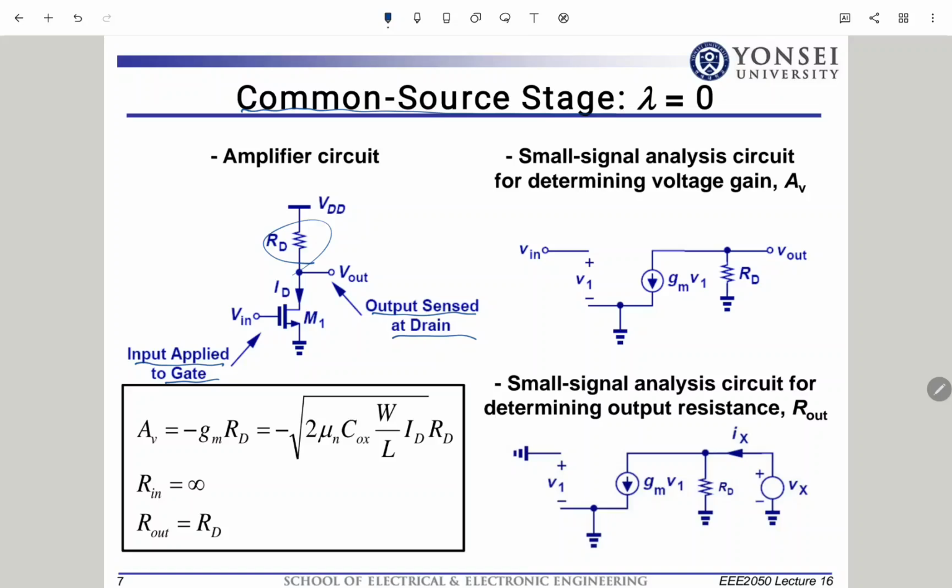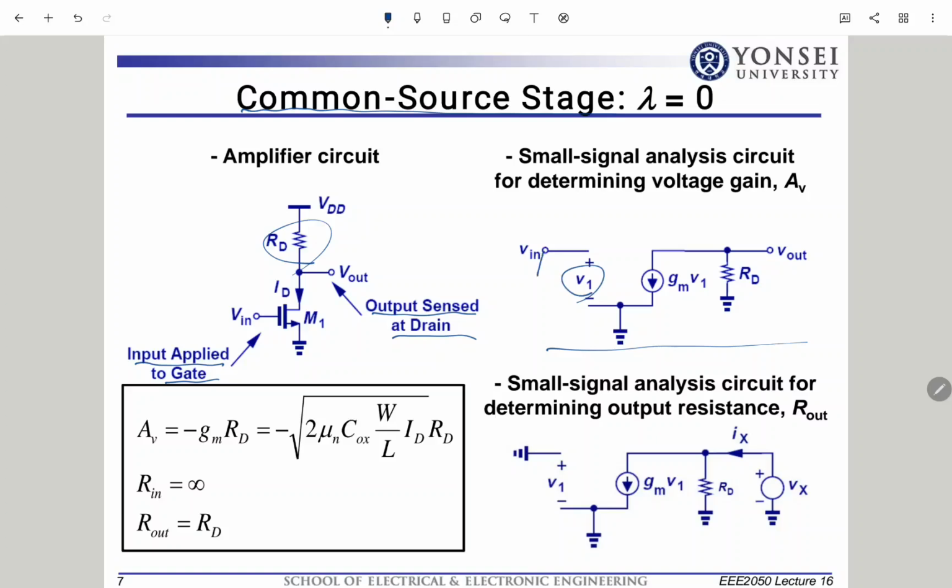When it comes to the small signal model, it looks like this. You see that the gate terminal is open, an open circuit. Now, how do we find the input impedance seen from the gate side?